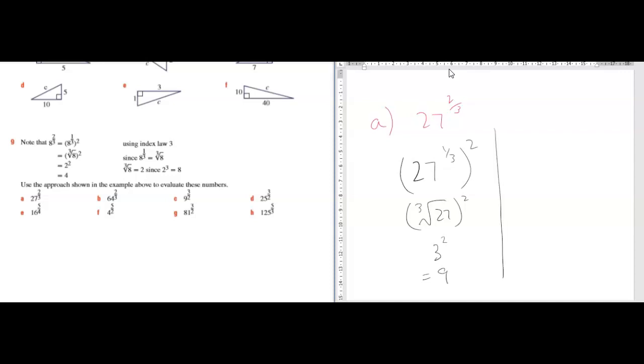Now, if you wanted to, you can put your powers around the other way. So we have 27 squared. And who wants to do 27 squared, really? So you can see sometimes one way is better than the other. So if you went ahead and did 27 to the power of 2 to the power of a third, and you're sitting there thinking, oh my gosh, why is Miss McMullen wanting me to do my 27 times tables or 27 times 27?